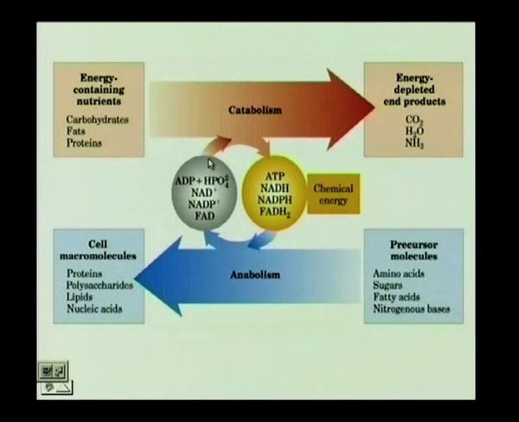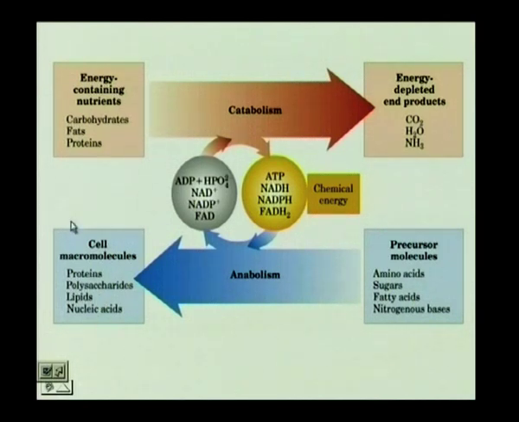Now, all of these will either break down or form in different ways, giving us finally the chemical energy. Then we have certain precursor molecules that are also found in our body, where we have the amino acids, the sugars, the fatty acids and the nitrogenous bases that in a process of anabolism, that is in the formation of the macromolecules, will ultimately lead to the cell macromolecules such as proteins, polysaccharides, lipids and nucleic acids.